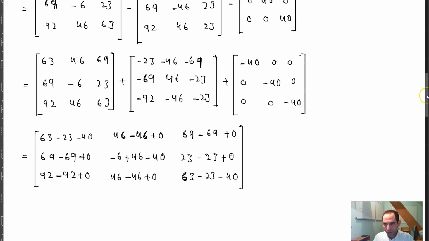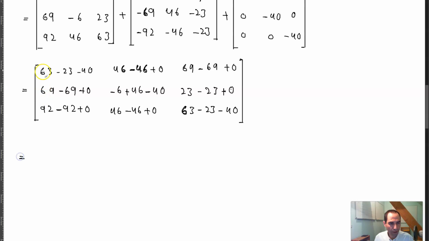And then you will have negative 23 minus 40 is negative 63, plus 63 is equal to 0. 46 minus 46 is equal to 0. 69 minus 69 is equal to 0. 69 minus 69 is 0.